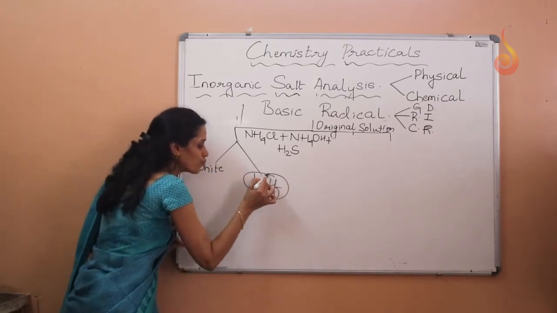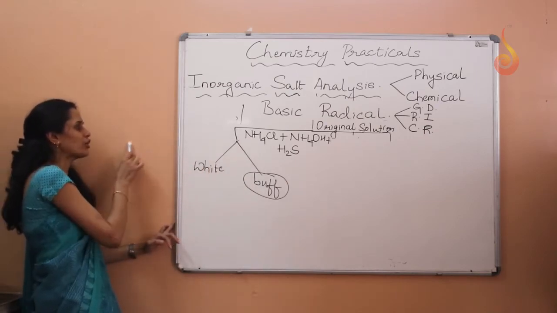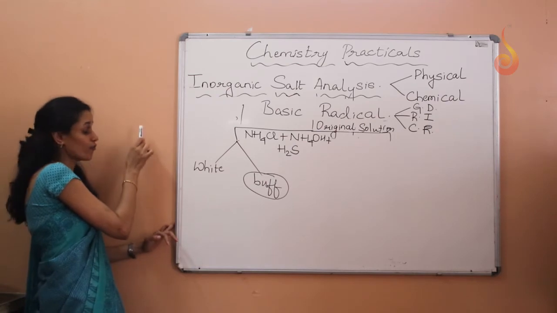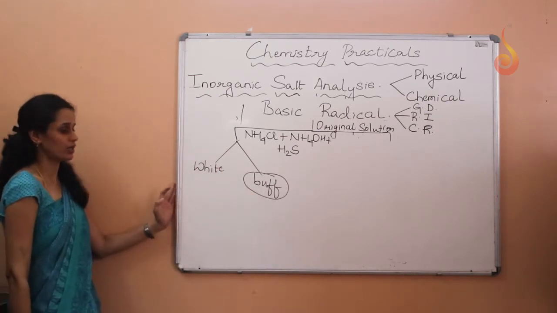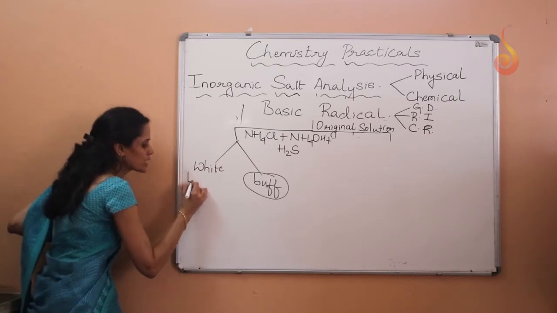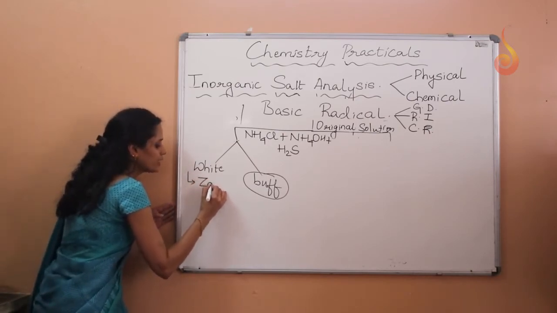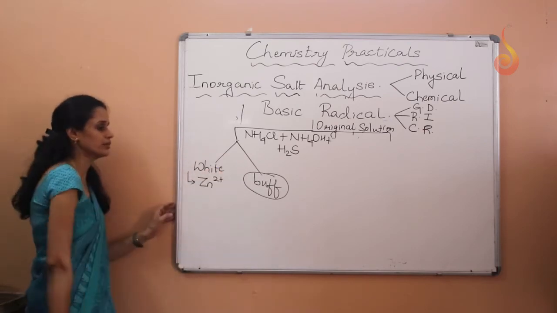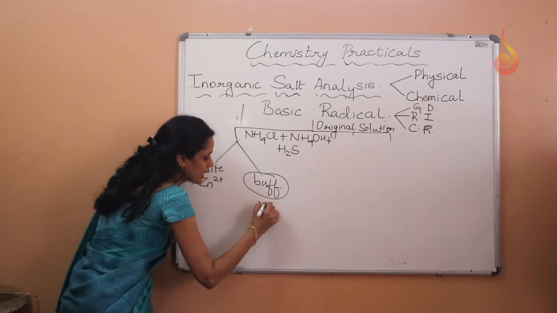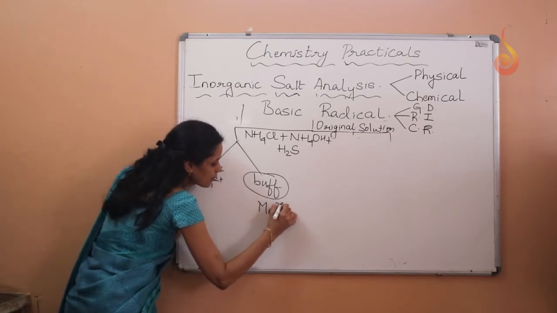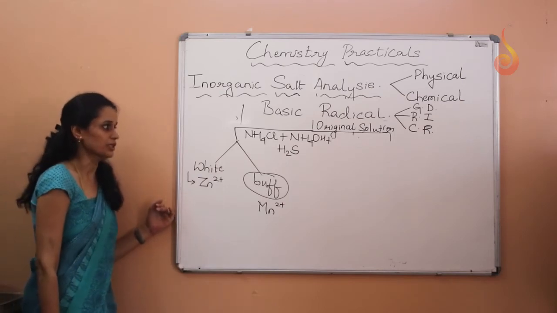Buff color means very similar to the paint of this wall, that's nothing but buff color. If a white colored precipitate is obtained, then the radical is Zn2+ ion. Instead, if we get a buff colored precipitate, then it's nothing but manganese ion.